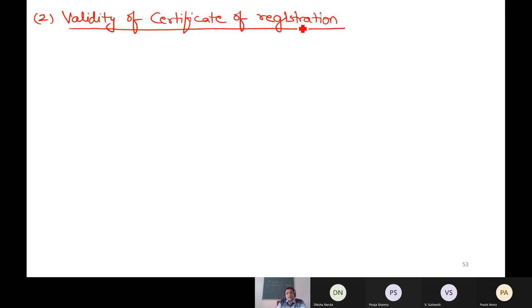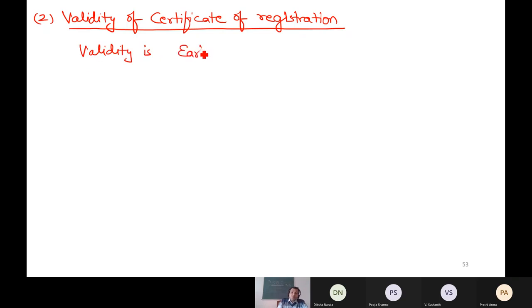But since these non-resident and casual taxable persons do not work keeping in mind continuing of business, their certificate validity has a limit. What is that limit? What is the validity of this registration certificate?